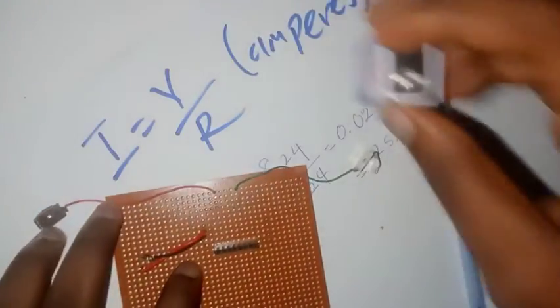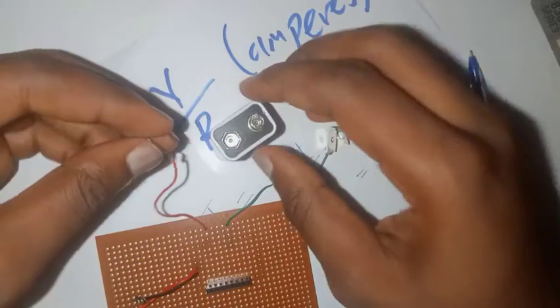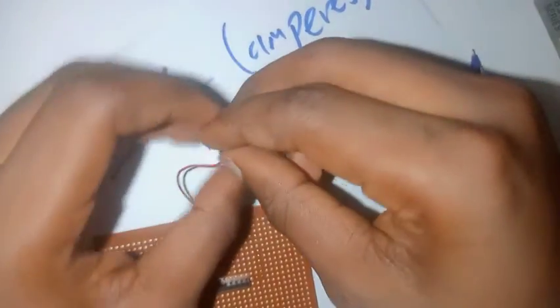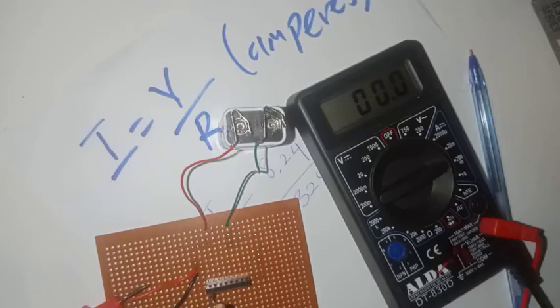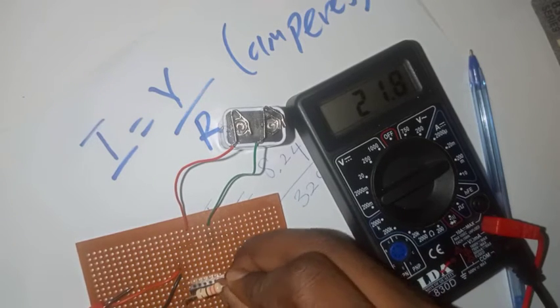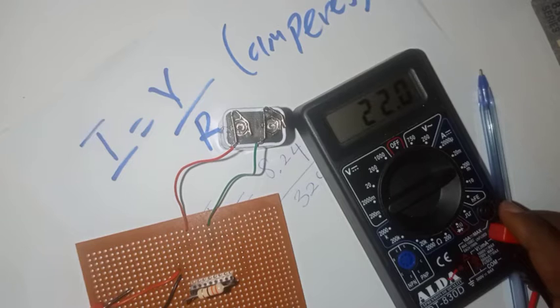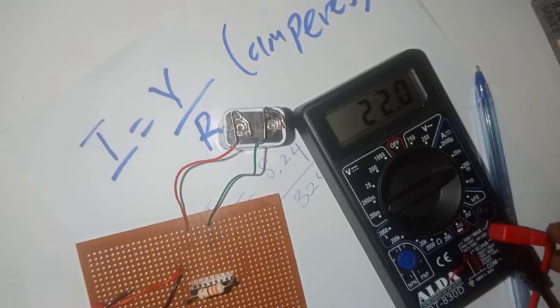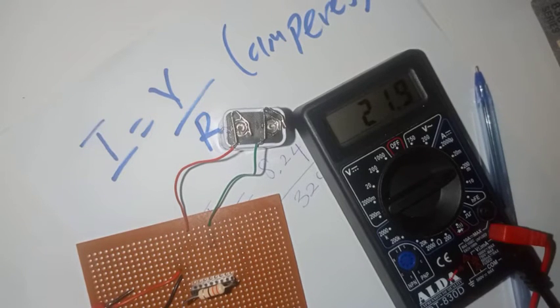If we connect this up in a circuit practically, we get 22 milliamperes.